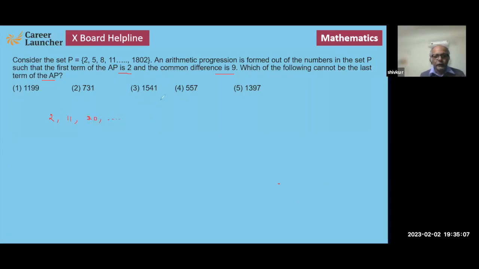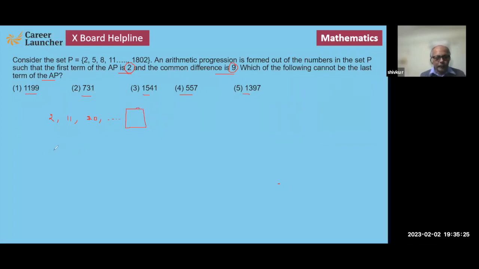These are going to be the terms because the common difference is 9 and the first term is 2. This will be the sequence, right? We don't know how many terms are there in the sequence.